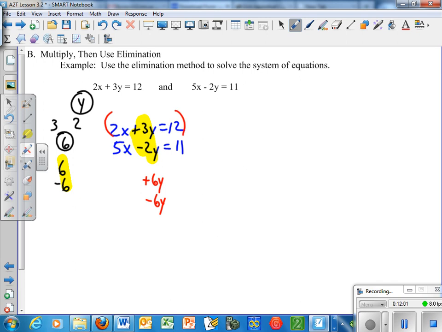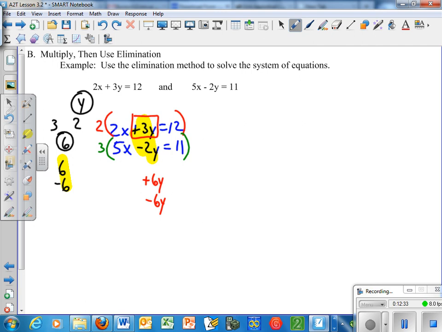Right now, I've got a positive 3y, and I want to make it a positive 6y. So positive 3 times what is 6? Well, that would be 2. That tells me I have to multiply my whole top equation by 2. On the bottom, I have negative 2y, and I want to make it negative 6y. Well, negative 2 times a positive 3 will equal negative 6.